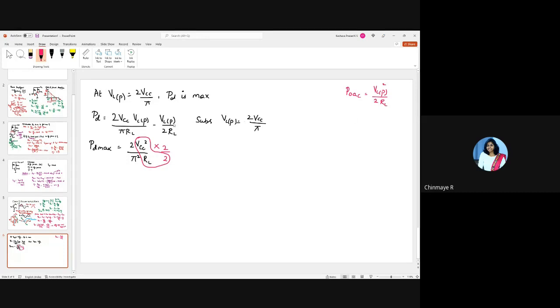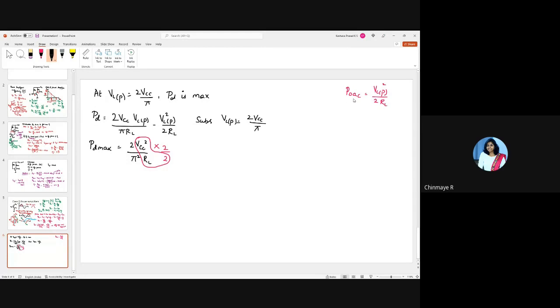We have it here. Oh, I left out a squared here, sorry. So we discussed that P naught AC is equal to VL of P squared by 2 times RL.